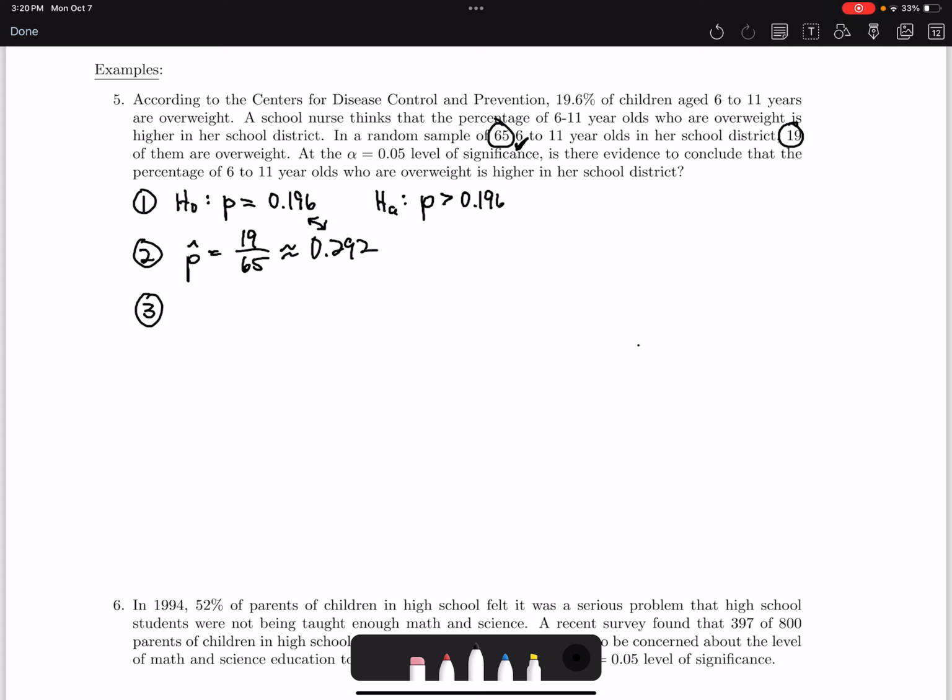So to compute a probability about a sample proportion, we will use the normal distribution. Assuming that the null hypothesis is true, p would be 0.196.